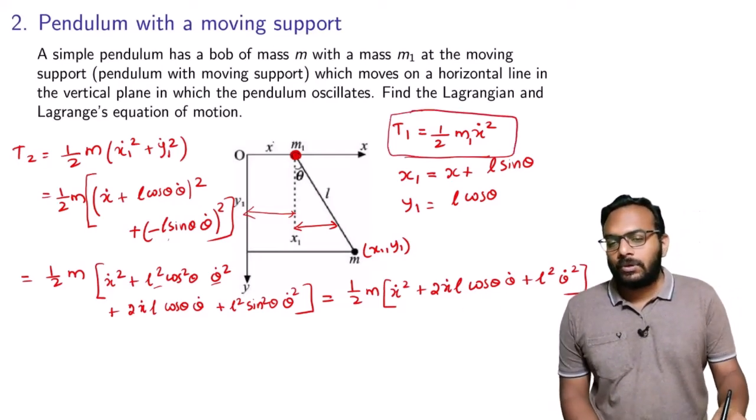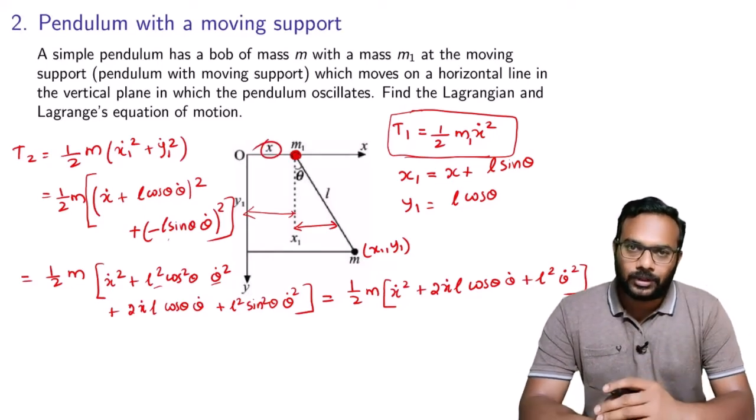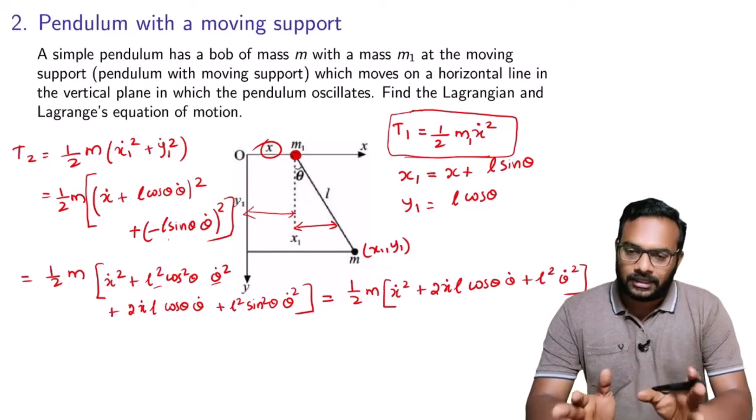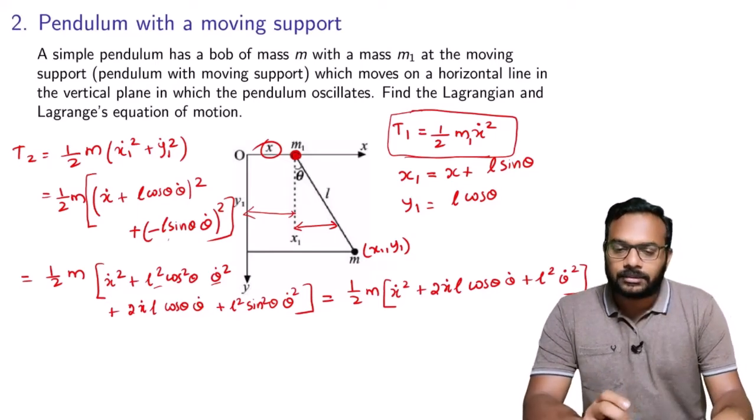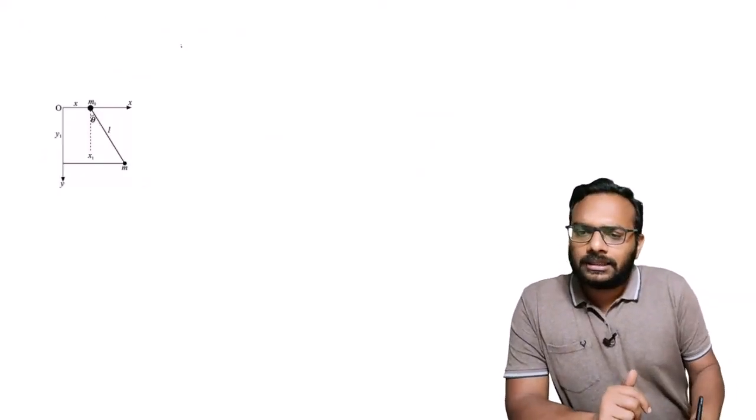If you look here, there are two generalized coordinates. One is x and the other one is theta. You need these two coordinates in order to completely specify the configuration of the system. So we just take the total kinetic energy, T is equal to T1 plus T2.